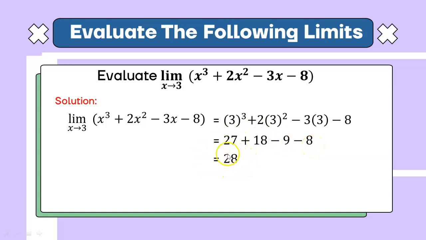So we get the result is 28. So therefore, the limit of the given function, x cubed plus 2x squared minus 3x minus 8 as x approaches 3, is equal to 28. So the conclusion is 28.